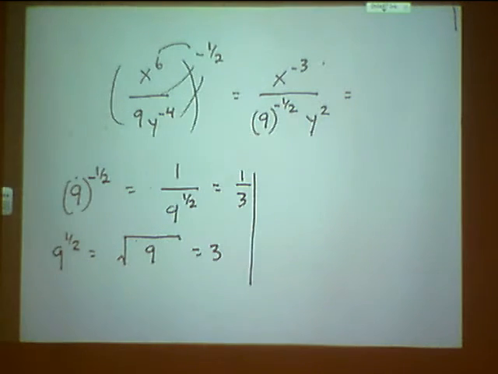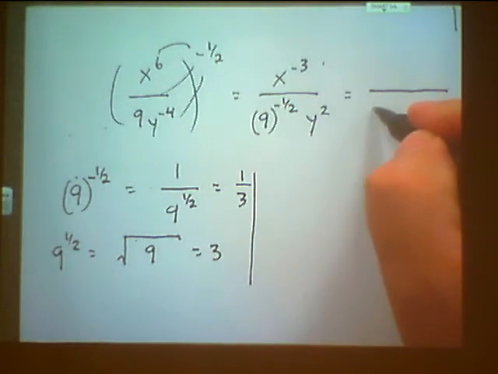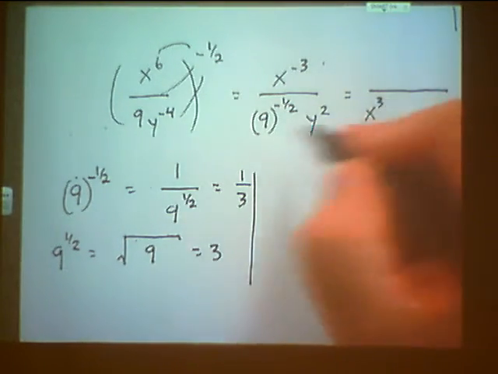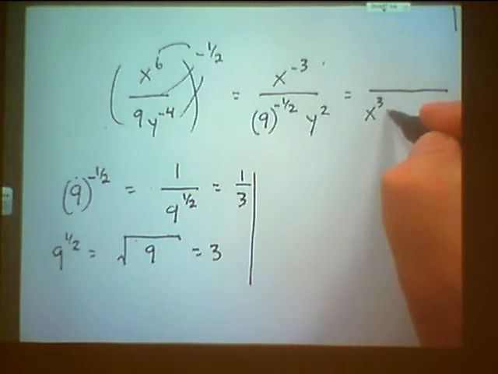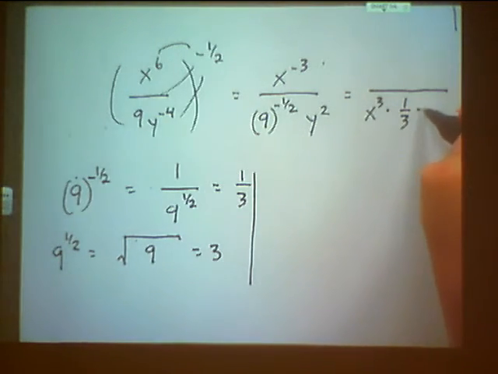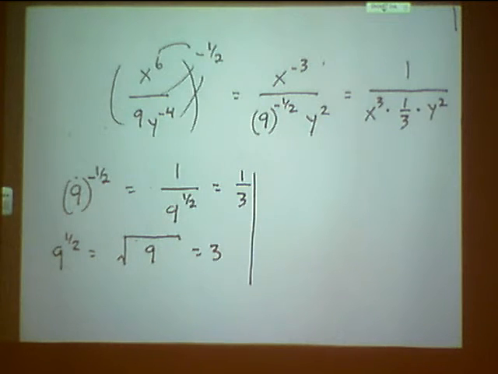I'm going to get rid of that negative exponent on the x, so I'm going to go down to the bottom. So I'm going to have x cubed, 9 to the negative 1/2, I said ends up being 1/3. And then here's the y squared. Now here's another rule in math. You never want to leave a fraction in the denominator.